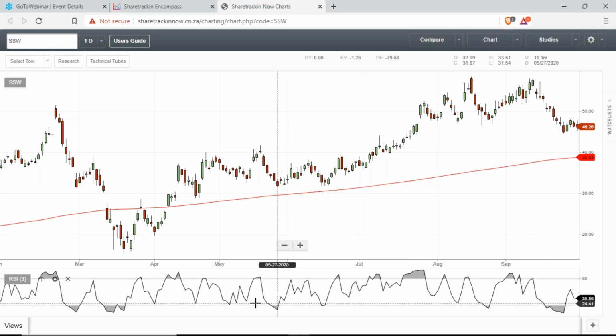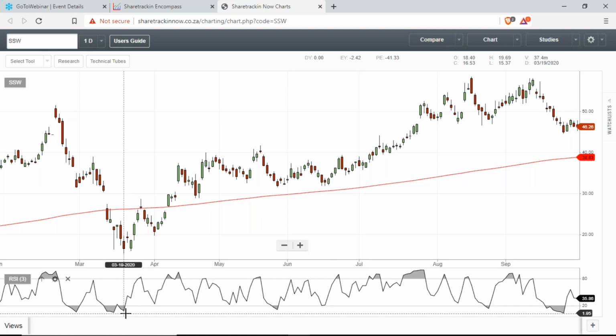Let's take it there, for example. When your share is below 20, it means that this share is oversold. And at that stage, it's at its cheapest price. And that's when you want to buy. Because when a share drops, it must go back up again.